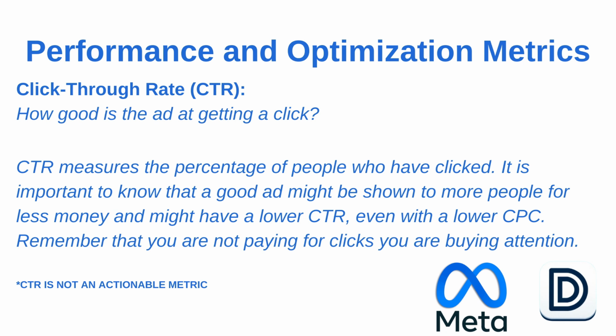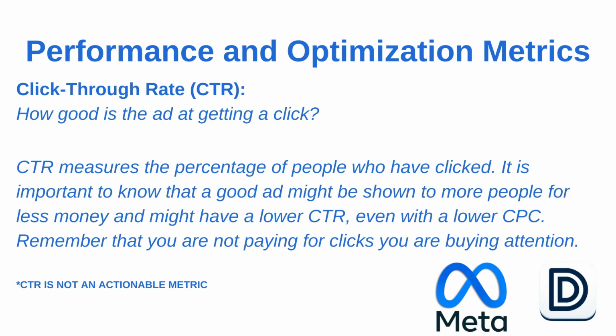So let's talk about click-through rate. CTR measures the percentage of people who clicked on an ad after seeing it. A best practice here, just like with CPC, is to understand that a good ad is often shown to more people because it has a lower CPM.